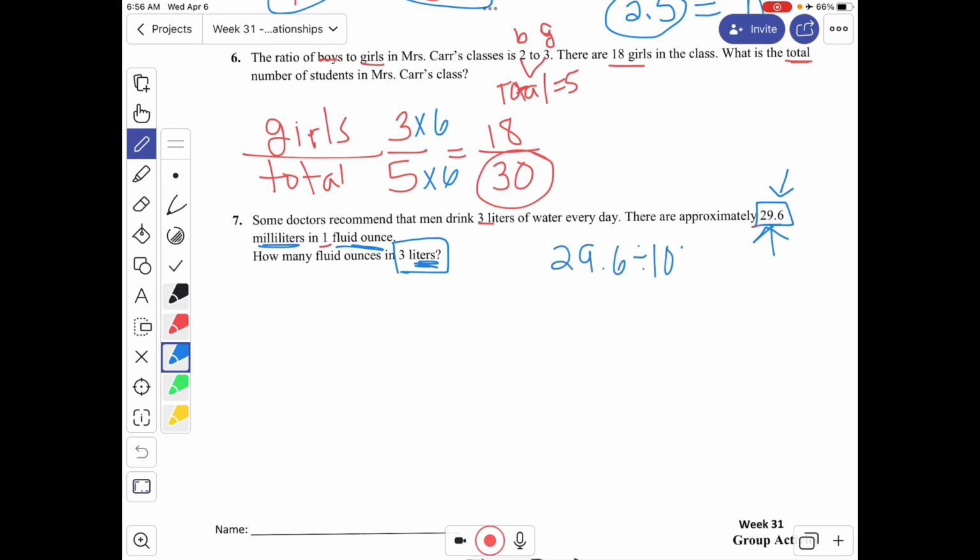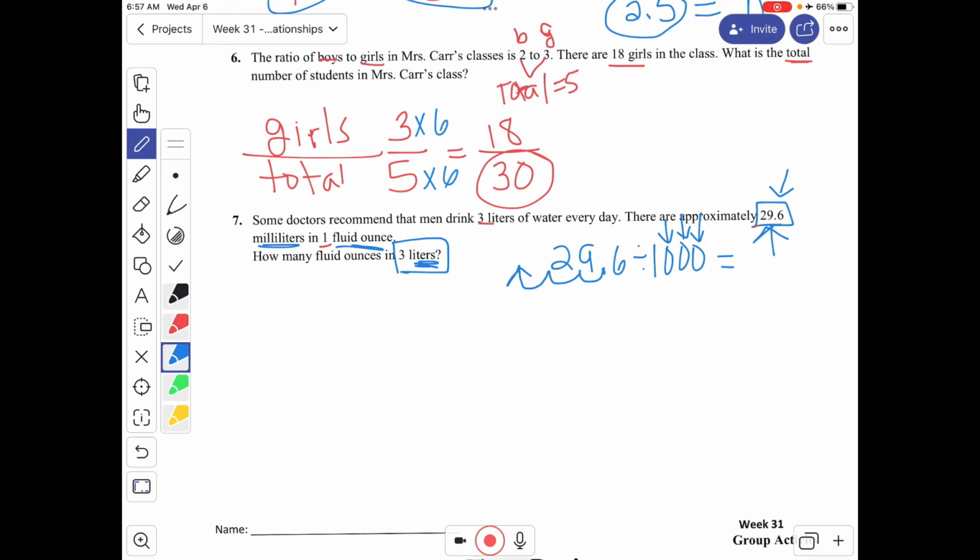29.6 divided by 1,000. Anytime you divide by a multiple of 10, you count the zeros, and then you move the decimal that many times. So we're going to move the decimal 3 times. 1, 2, 3. And I moved it to the left because usually when you're dividing, that makes the number smaller.